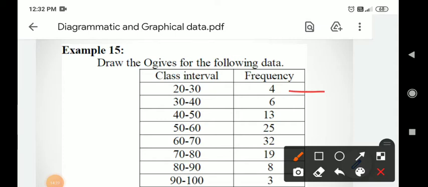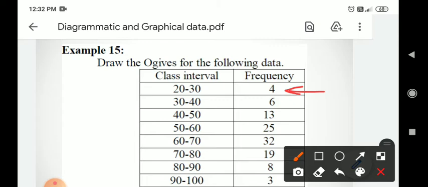So how many are less than 20? 0. There's nothing less than 20, because the first interval itself is 20 to 30. Now tell me, how many numbers are there which are less than 30? Less than 30, definitely 4 numbers, right? Because 4 numbers are between 20 and 30. So 4 you will get.